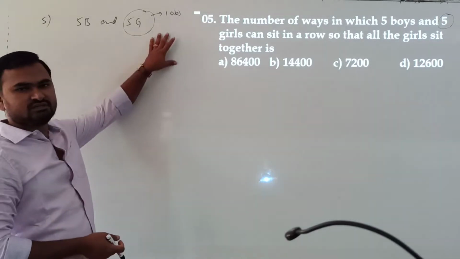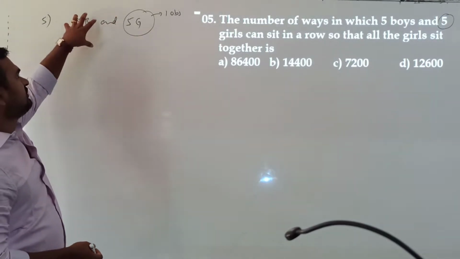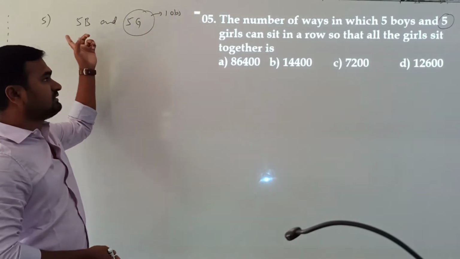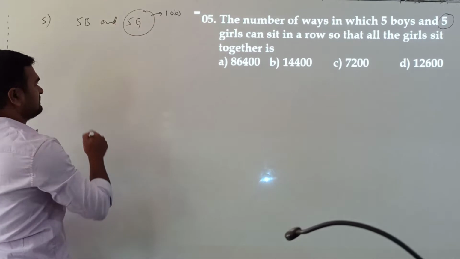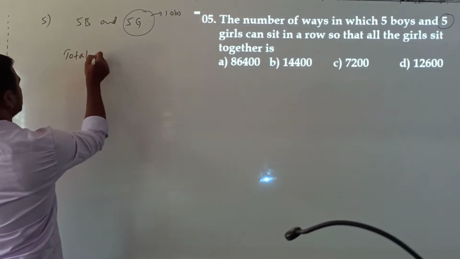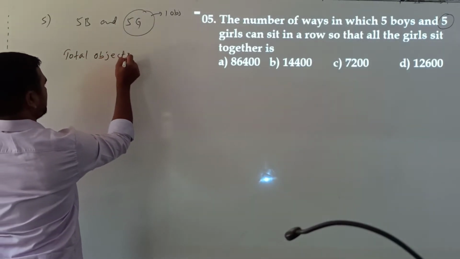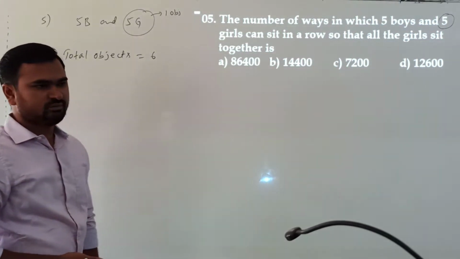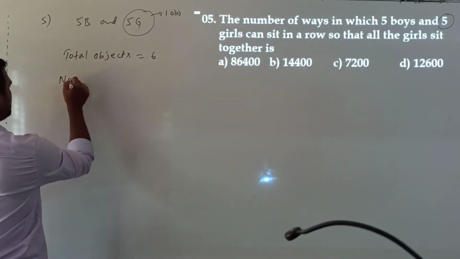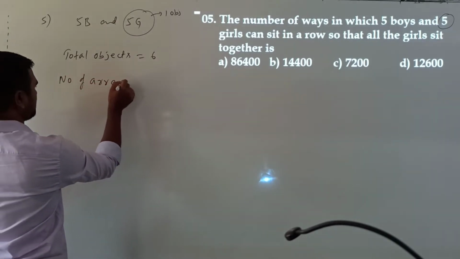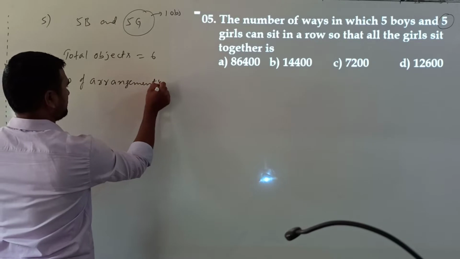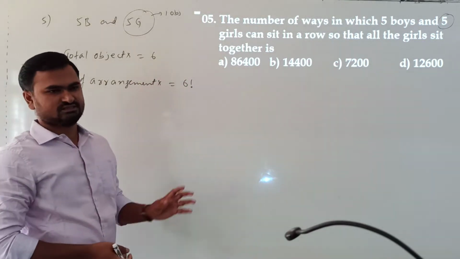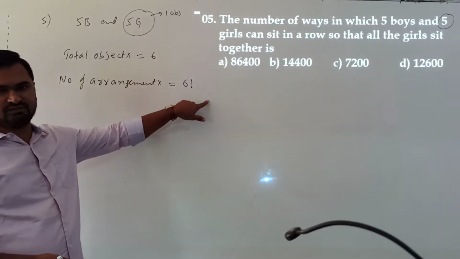Now we have to arrange this with the remaining objects. So we have 5 boys and the group of 5 girls as one object. So the total number of objects now is 6. Now these 6 objects can be arranged in how many ways? 6 objects can be arranged in 6 places, in 6 factorial ways.